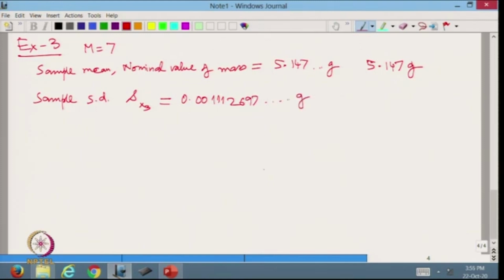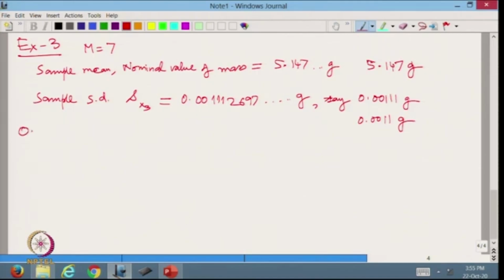I am deliberately putting that many digits, so that this is what the calculator showed, but we know we got to round it off, and this we will say is 0.00111 grams at the most, or we can even delete that and say 0.0011 grams.